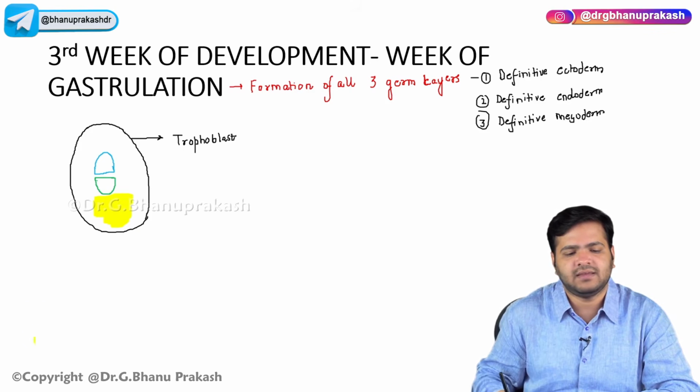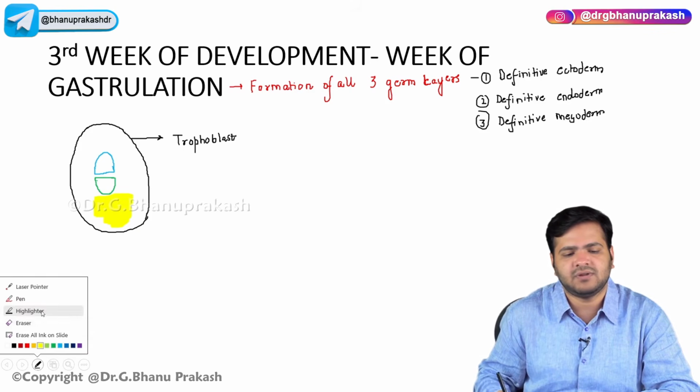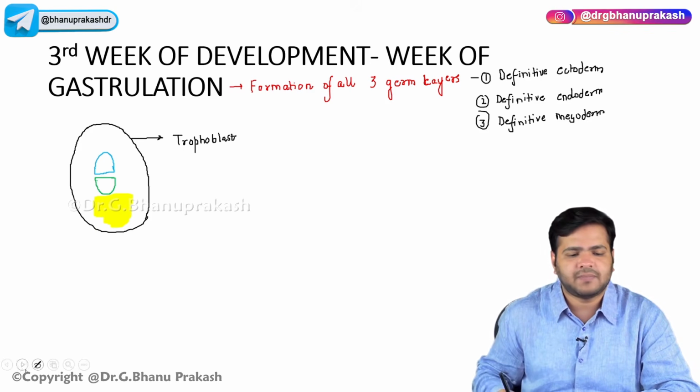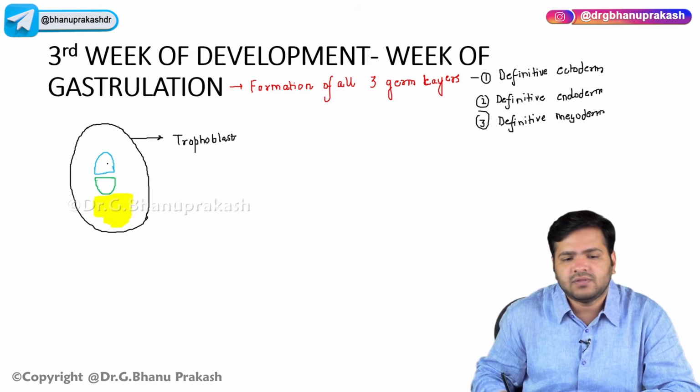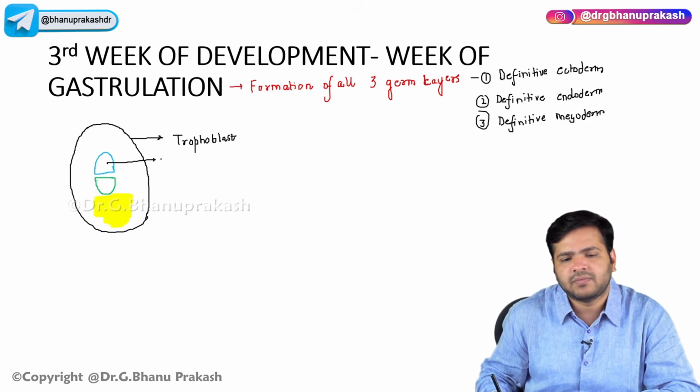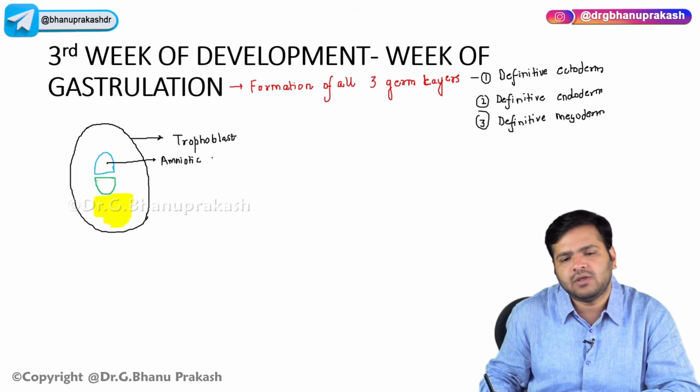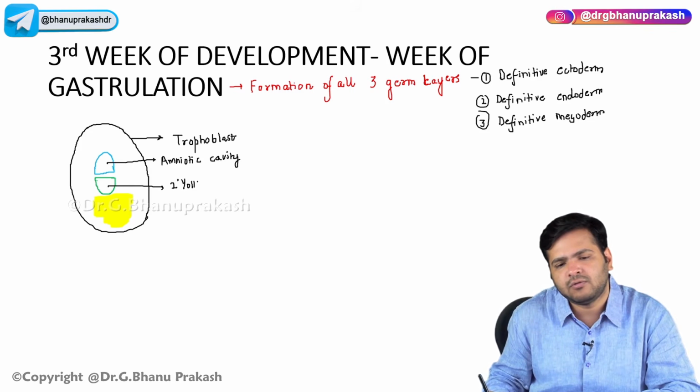I am not highlighting everything, but yes, remember this. So, let me just label for you. This you already know, this is the amniotic cavity, and this is the secondary yolk sac.